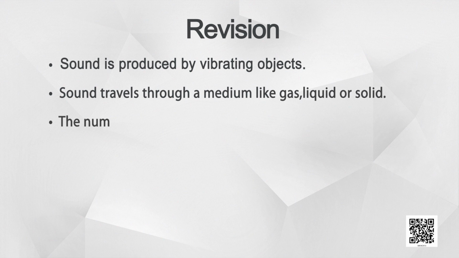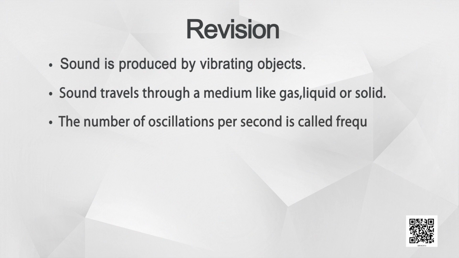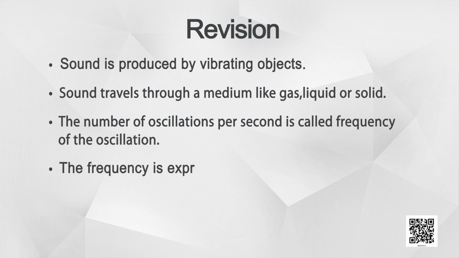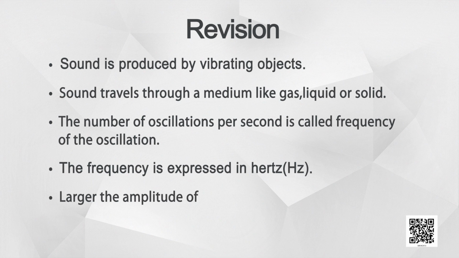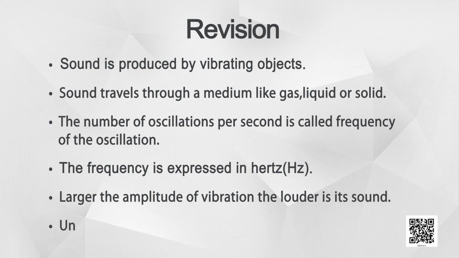The number of oscillations per second is called the frequency of the oscillation. The frequency is expressed in hertz, Hz. Larger the amplitude of vibration, the louder is its sound. Unpleasant sounds are called noise.